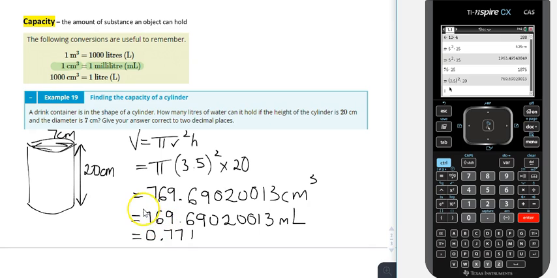This is less than, so it's 1,000 milliliters to 1 liter, and I'm in 769. So my decimal point actually goes in here. It's the same as taking this value here and dividing by 1,000. This gives me 0.77, and that's liters. So I should have an L here, and then that would be what I would red box.